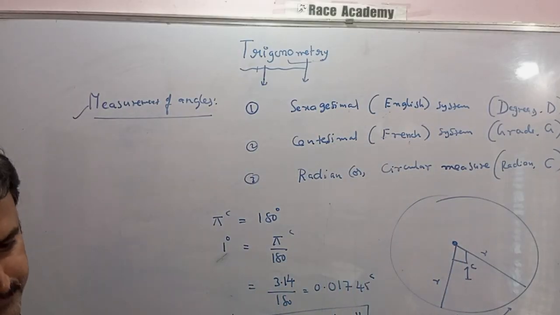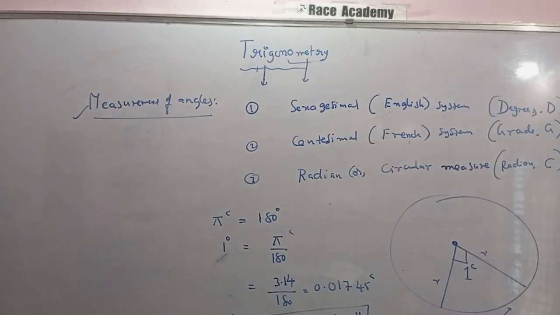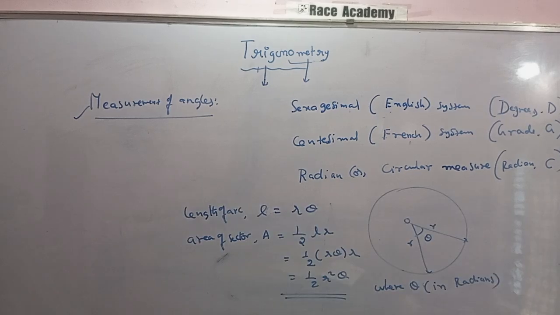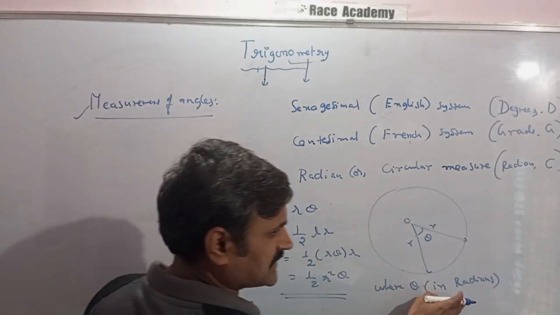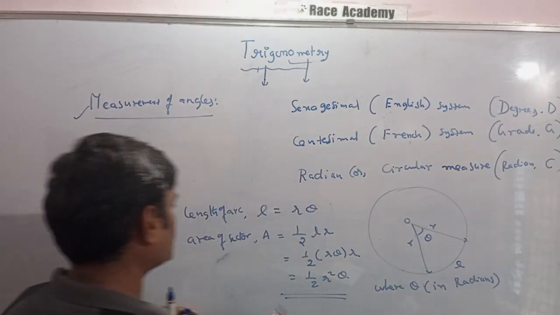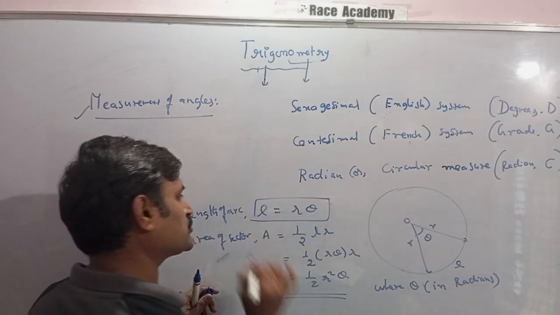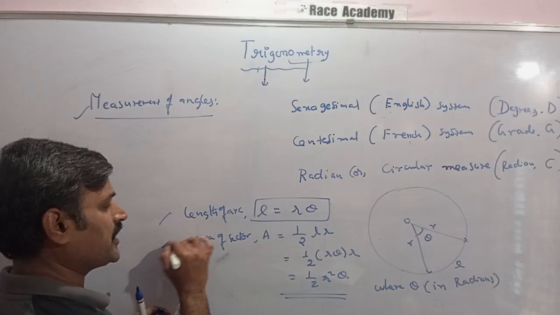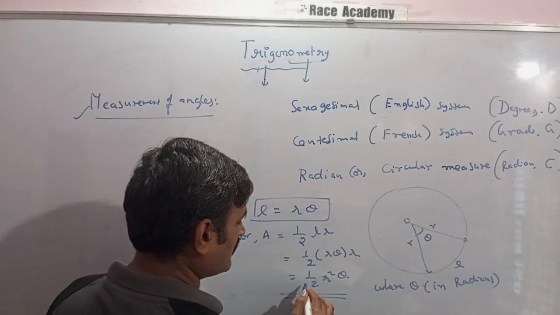Observe this one also. Suppose a question comes on a sector, with this being the sector and this the length of the arc. You calculate the length of the arc using the formula L equals R theta, and the area of the sector is area equals 1 by 2 LR.